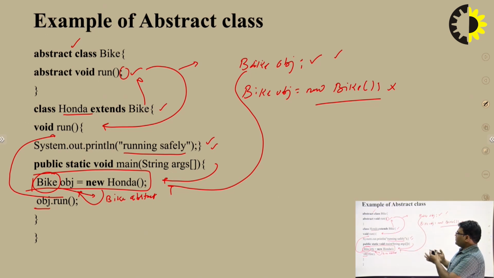This is the whole idea of how to make an abstract class, how to make abstract methods, how to extend the abstract class, provide the body of abstract methods in a derived class, and make a reference variable of the abstract class and the object of the derived class.